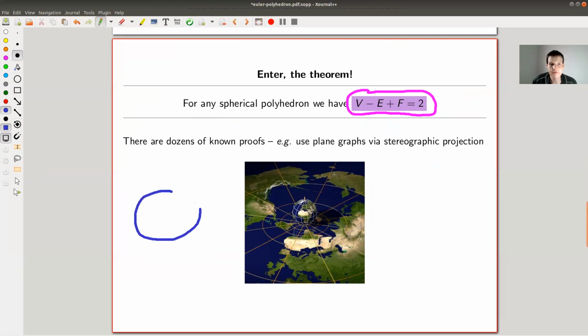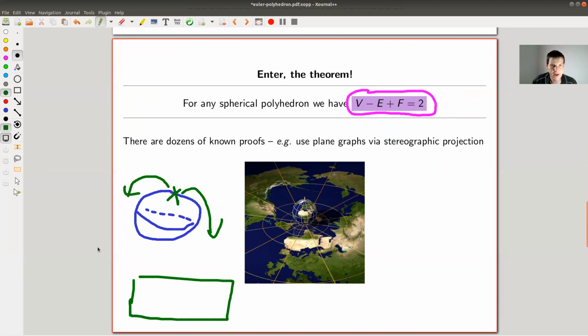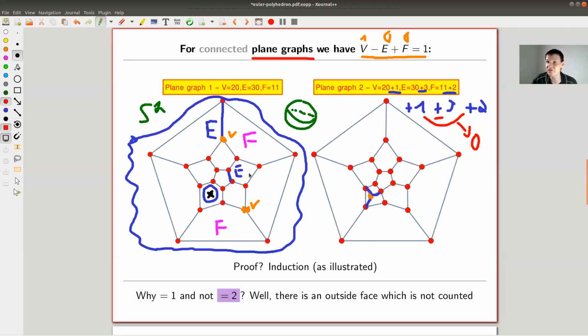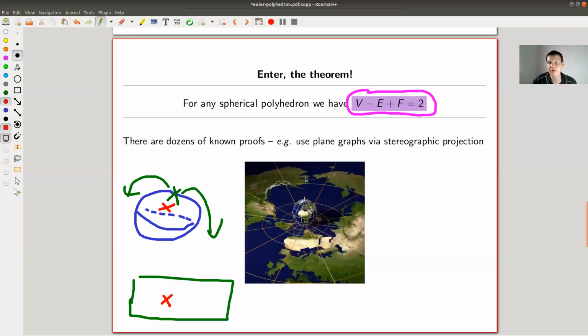So you have the sphere, and you take out one point, let's say the North Pole, and you bend it open, and you get something flat, right? And anything that lives on the sphere is then bent out into the plane, and that's exactly where you get those pictures, and then you make a counting argument for those pictures. This is the inductive argument by Cauchy.